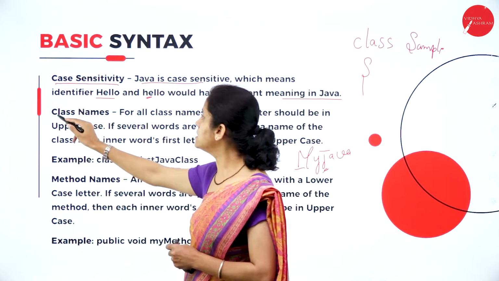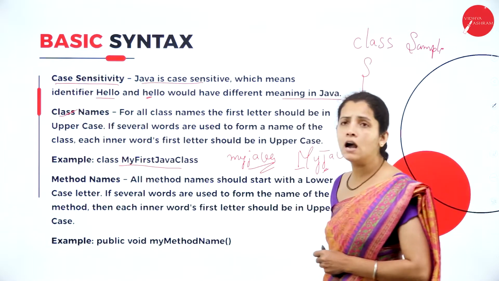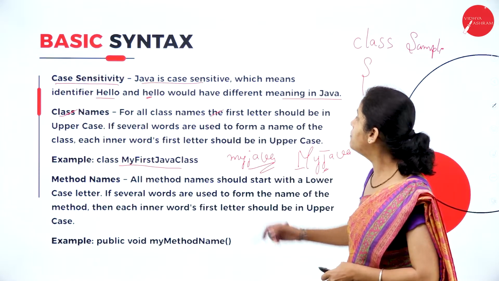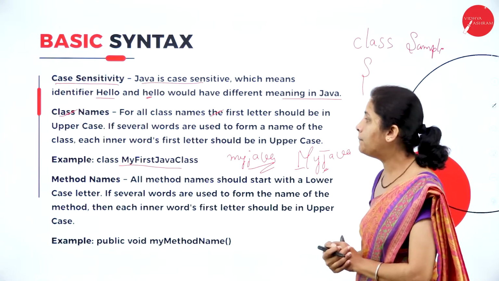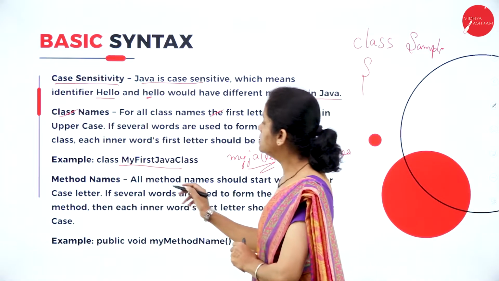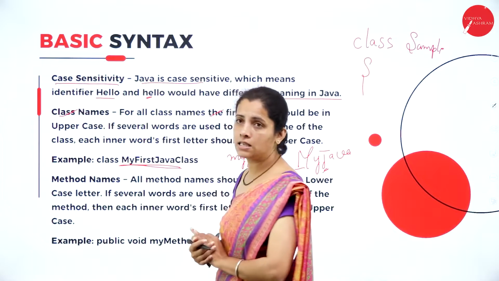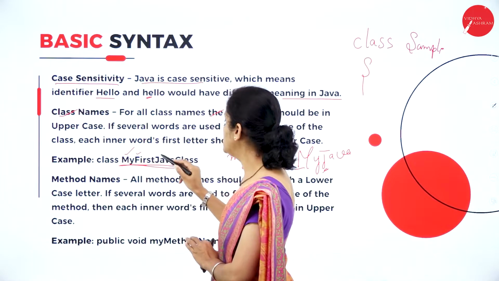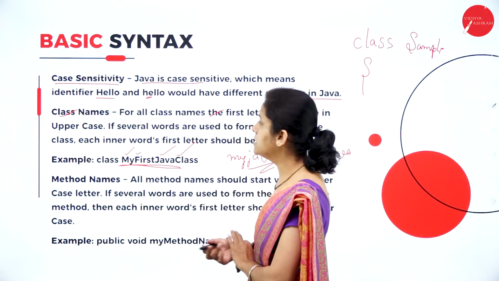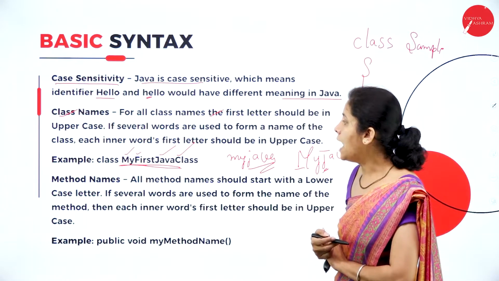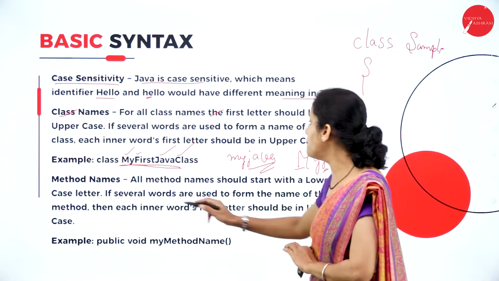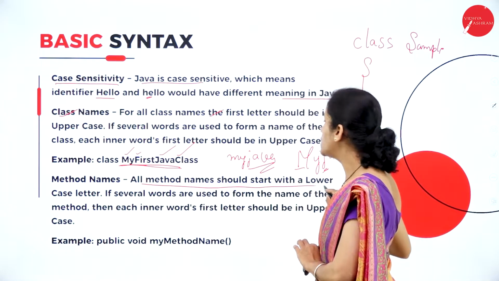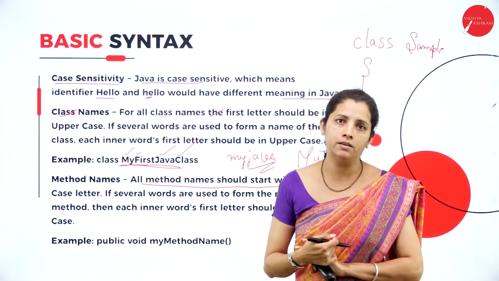Now, class names. For all class names, the first letter should be uppercase. See here, this is my example class name. M is a capital letter, F is a capital letter, J is a capital letter, and C is a capital letter. And method names. All the method names should start with a lowercase letter.